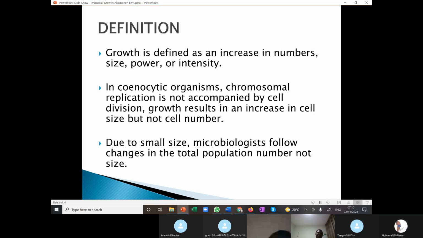In microorganisms, an increase in chromosome number is followed directly by a division, and that's what results in the growth that we observe. So we're going to see the different techniques that we can use to follow increase in number and the different stages that a typical organism will follow when it is in a closed culture system.